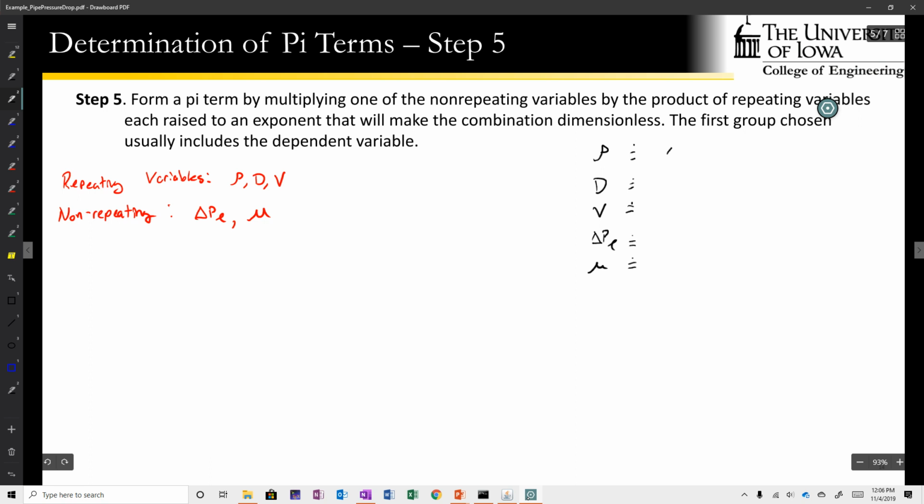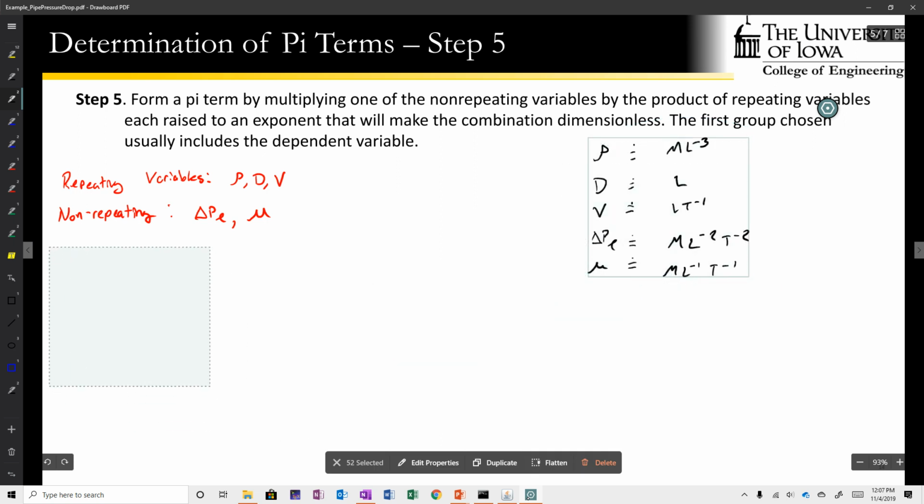Mass, length to the -3, length times time to the -1. This one was mass, length to the -1 times time to the -2, and mass, length to the -1 times time to the -1.